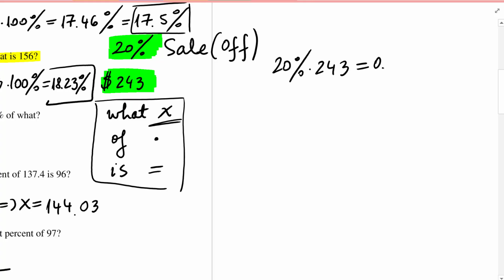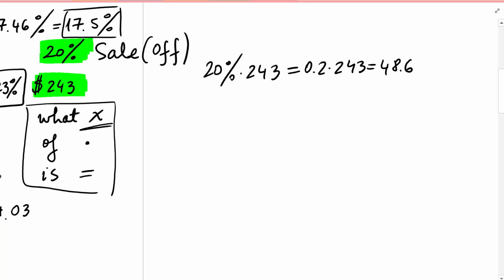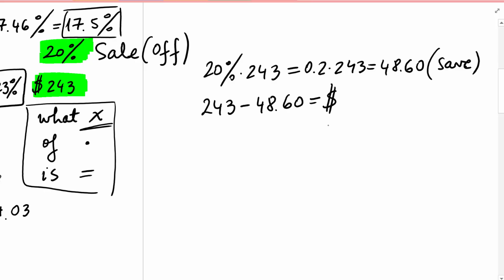So 0.2 times 243 equals 48.6. I'm going to keep the decimal because it's basically $48.60, right? This is what you are going to save.